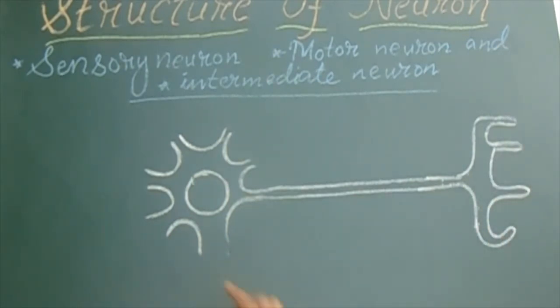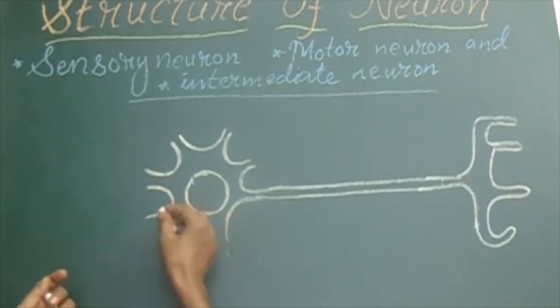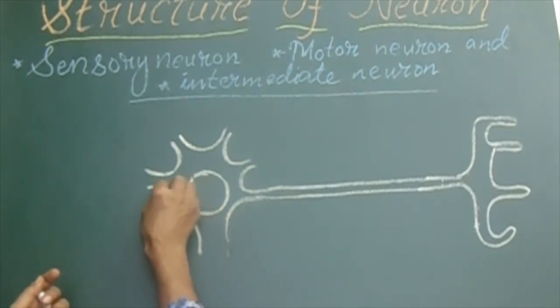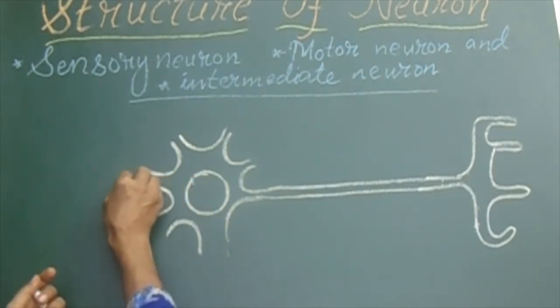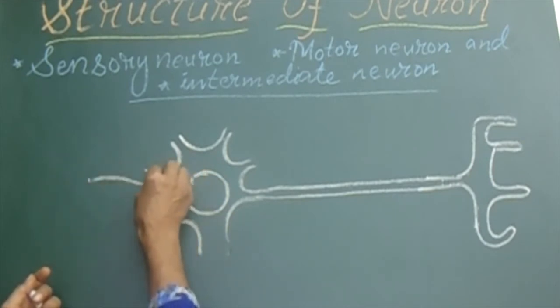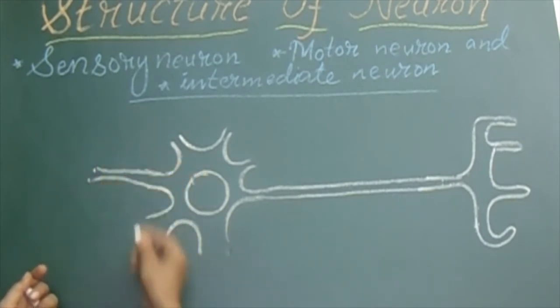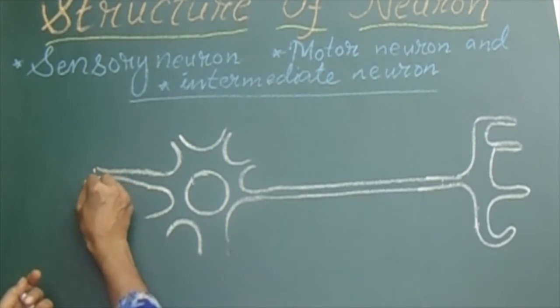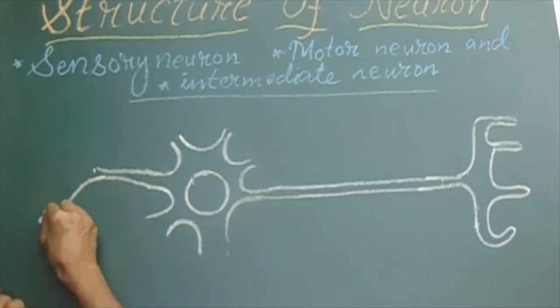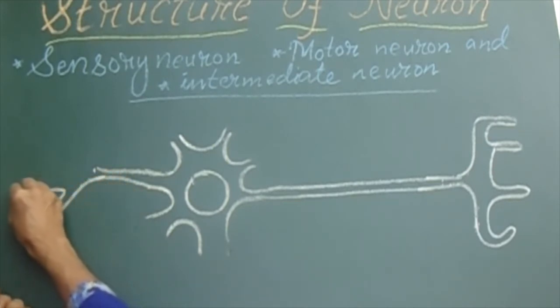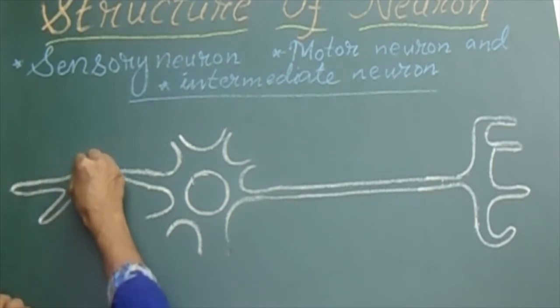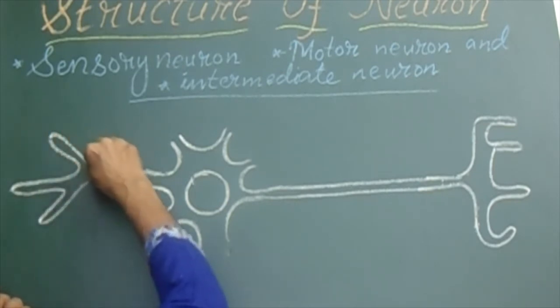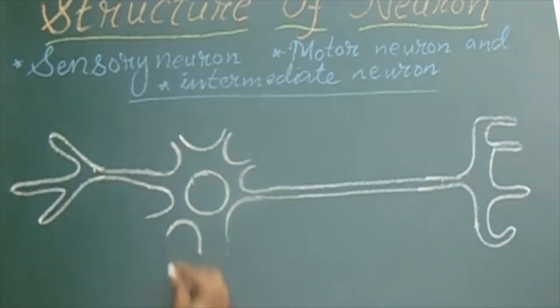In this way. Now let us draw the dendritic tip or dendrites. Just come to the extension here. How we draw the root in the same manner. Look, so easy.